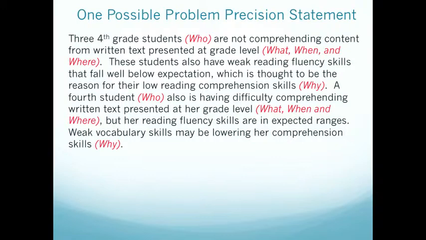These students also have weak reading fluency skills that fall below expectation, and we believe that's why they're faltering in their reading comprehension. A 4th student, remember Sally, also is having difficulty comprehending written text at her grade level, but we believe that her fluency skills are not the problem. Instead, we believe it's because she's missing a lot of basic vocabulary skills that are then interfering with her comprehension.